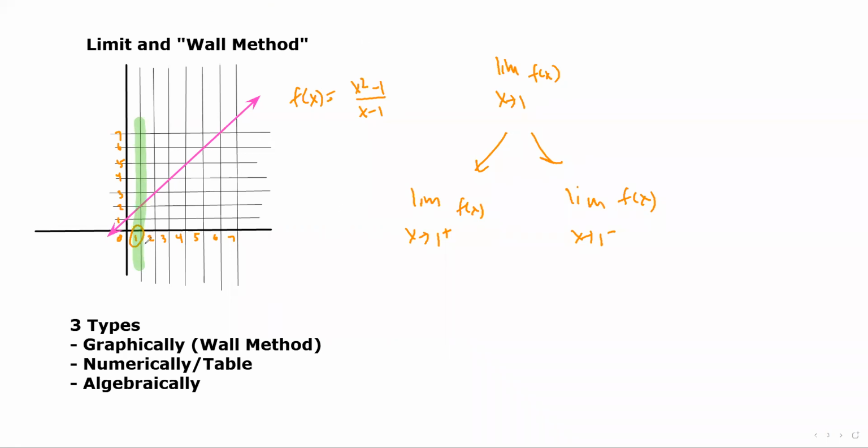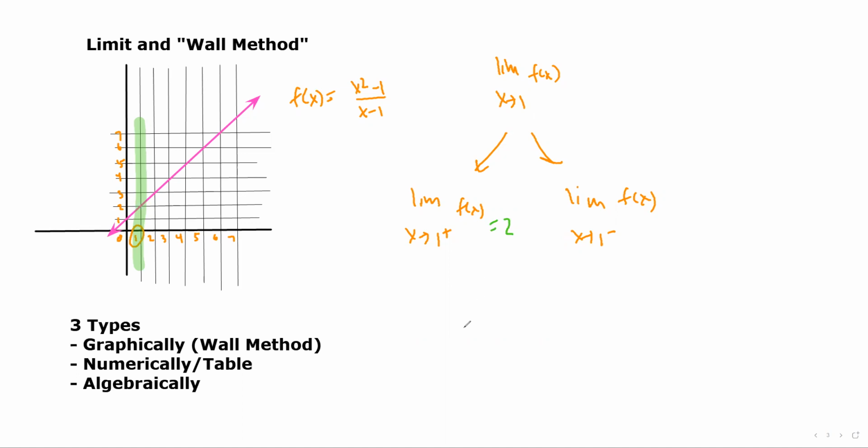So if here's 1, and I'm approaching 1 from the right side, what is that limit going to? What is that y value going to from the right side of 1? Notice that as x approaches 1 from the right side, it's approaching the value 2. So I'm going to write down here, this is going to 2.